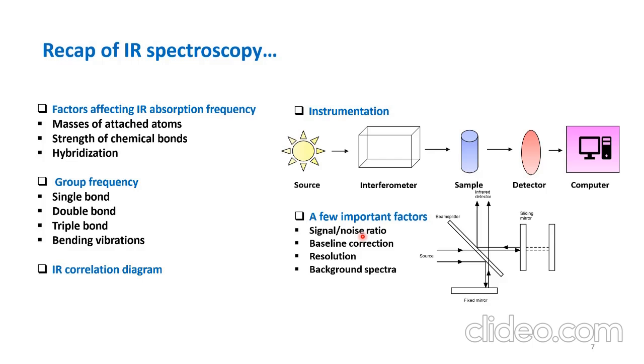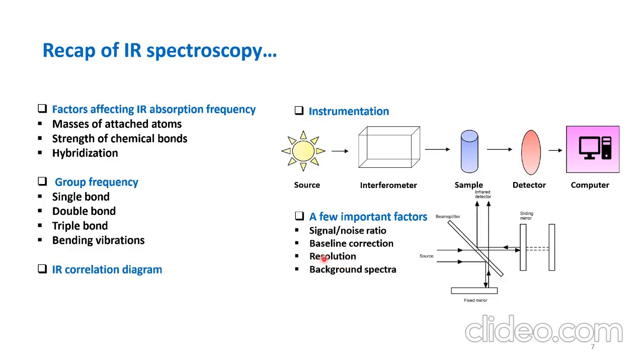Again, the baseline correction should be proper so that the background or atmospheric effects do not come into the picture. Baseline correction basically makes the plot cleaner so that different peaks are visible in a better way.